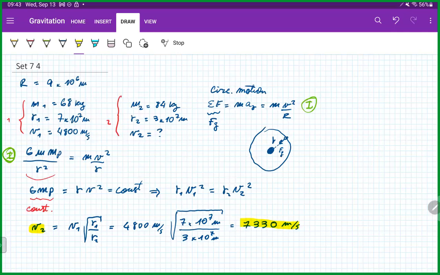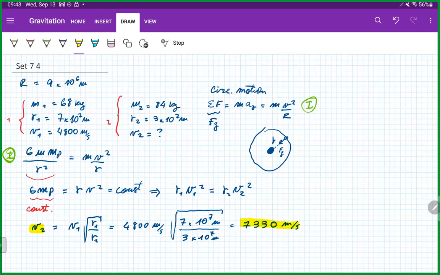And for the non-circular one, you just use, remember, the period. You need to have the eccentricity and the axis. So it's quite similar, not exactly the same, but yeah, let's look at problem 5.